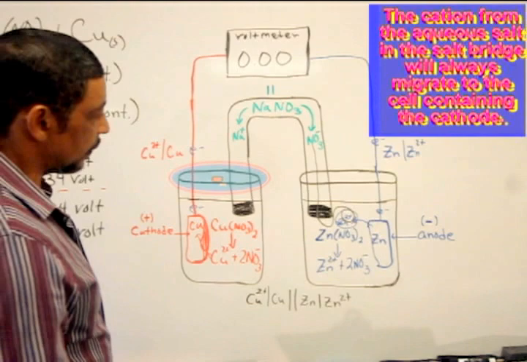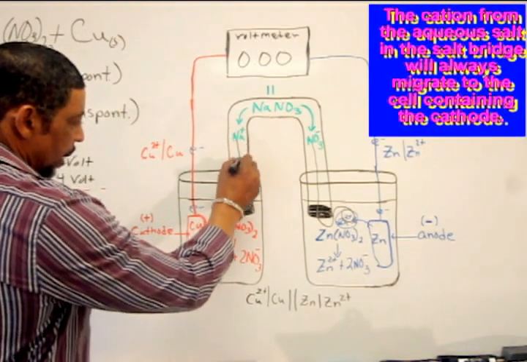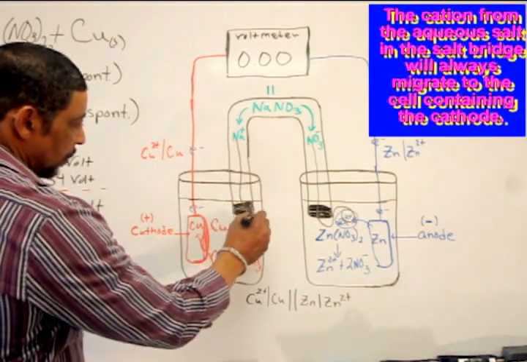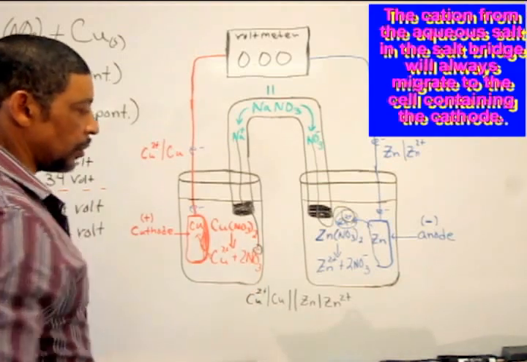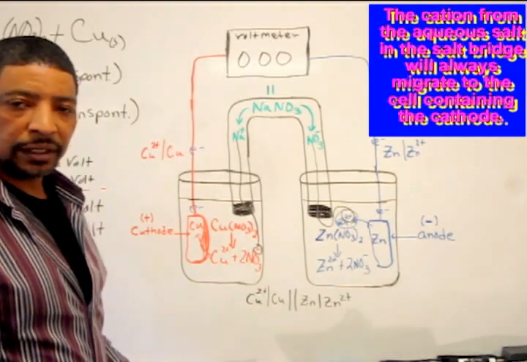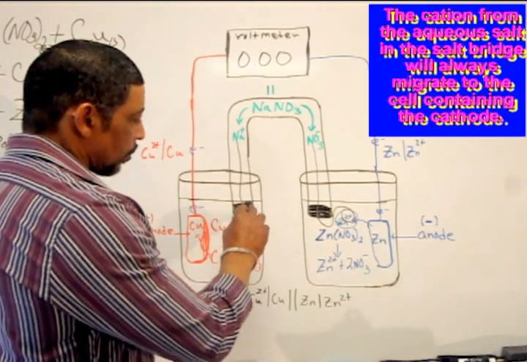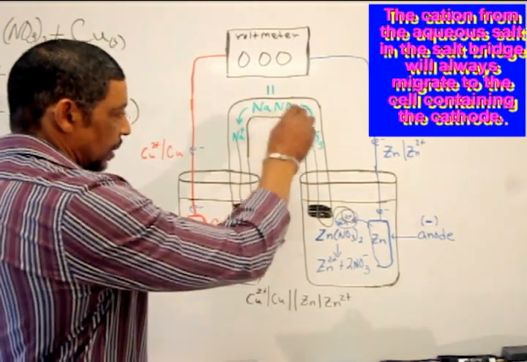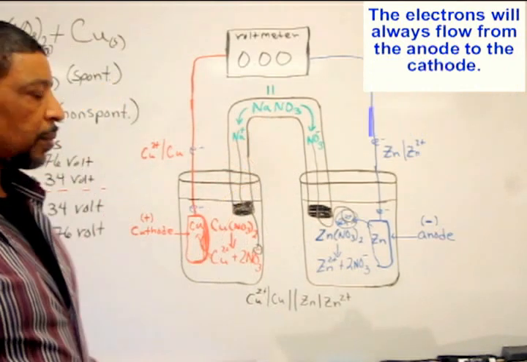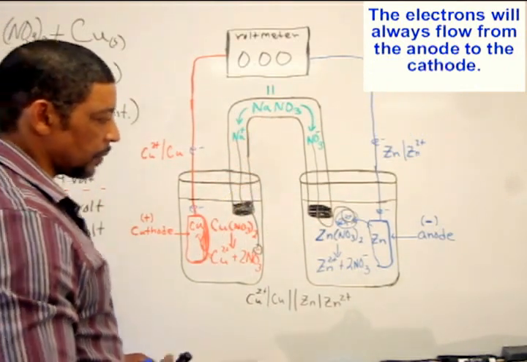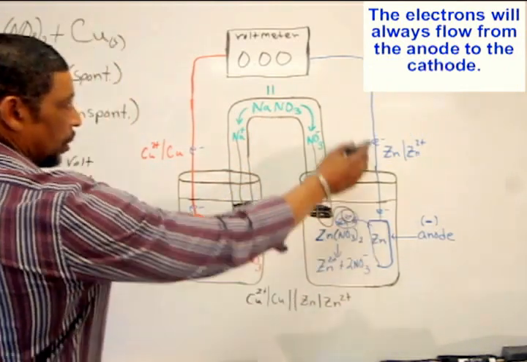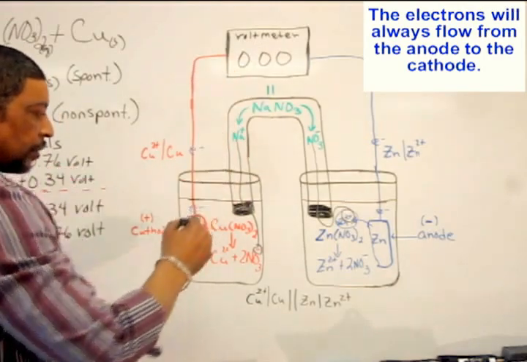To cancel a negative charge, the sodium cation will migrate from the salt bridge and essentially neutralize the excess negative charge. The function of the salt bridge is to allow the migration of ions from one half cell to the other half cell. During this process, the electrons will flow from the anode through the device to the cathode.